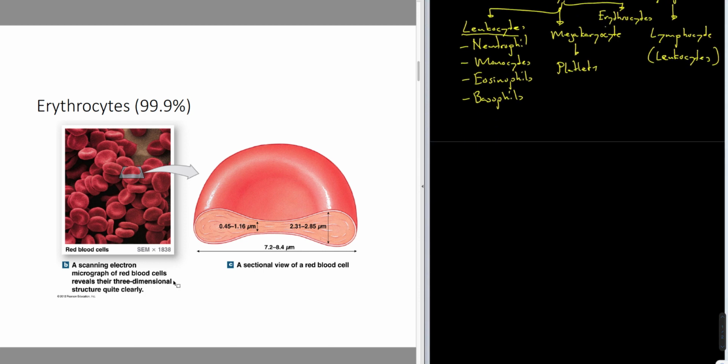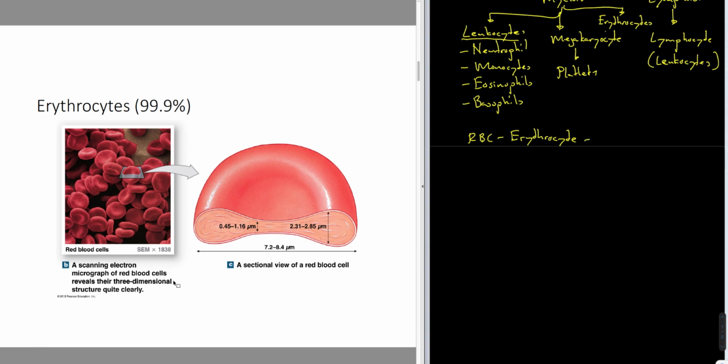Let's look at the red blood cell. Now, the erythrocytes, the red blood cell, makes up the majority of the formed elements. In fact, it's about 99.9% of all the solids. That's because the major role of blood is for oxygen transport.